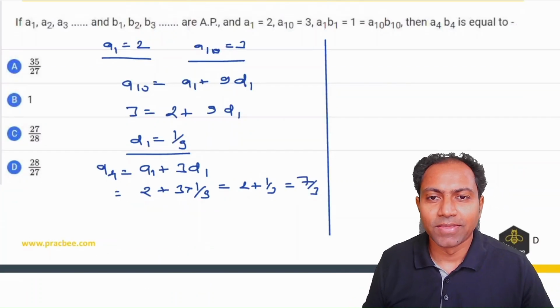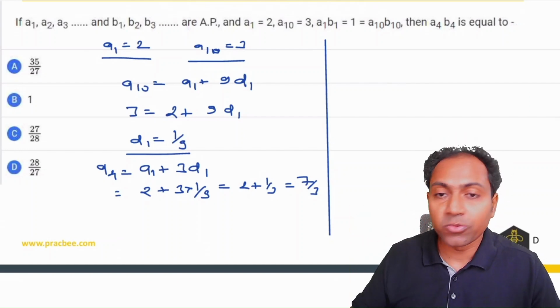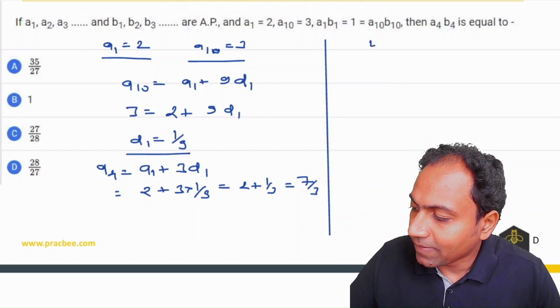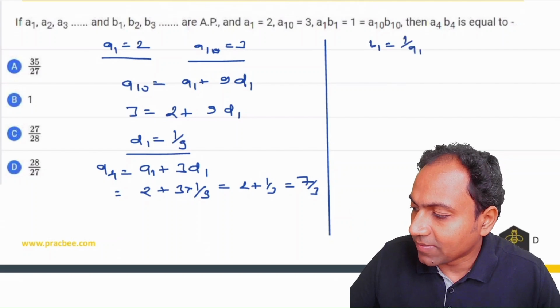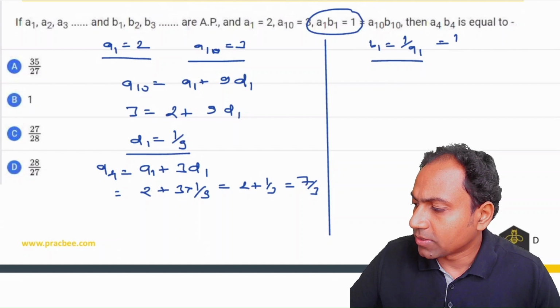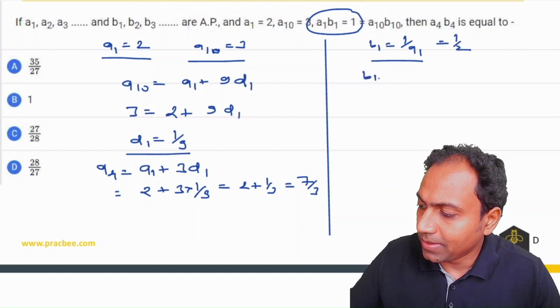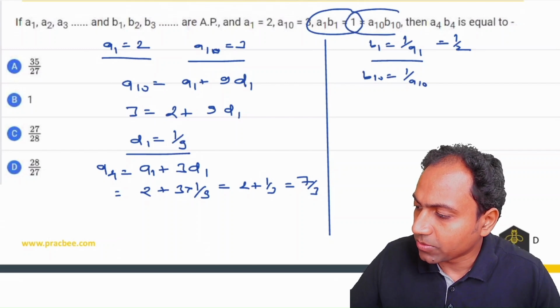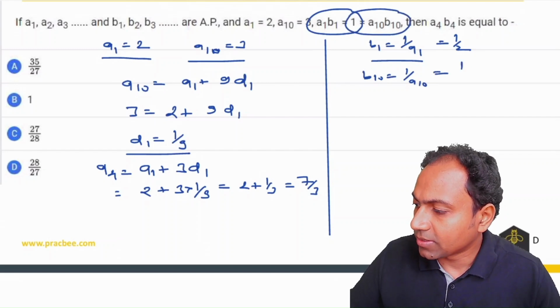Now in the second part, looking into the second AP, we can find the value of B1, which is given as 1 by A1 from this relationship. So it becomes 1 by 2. If I find B10, it is 1 by A10 by another relationship given to us, so that can be written as 1 by 3.